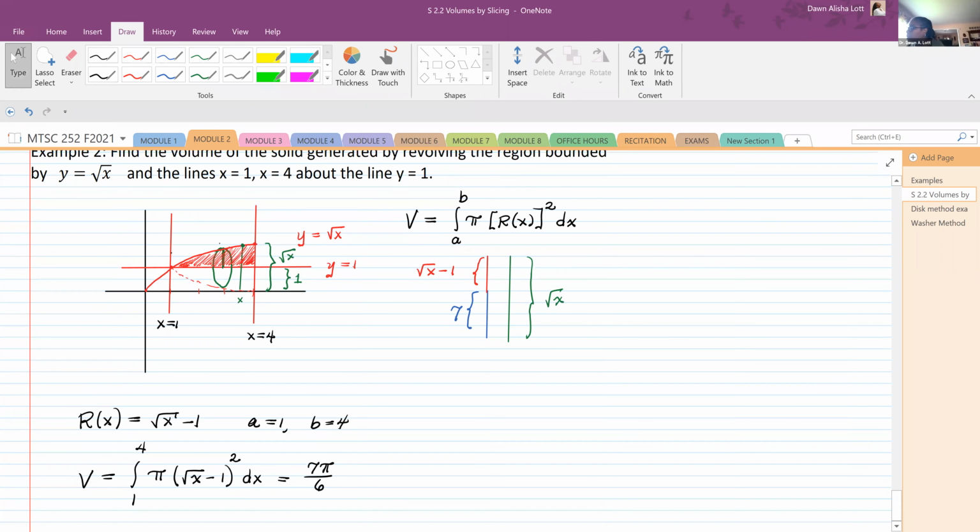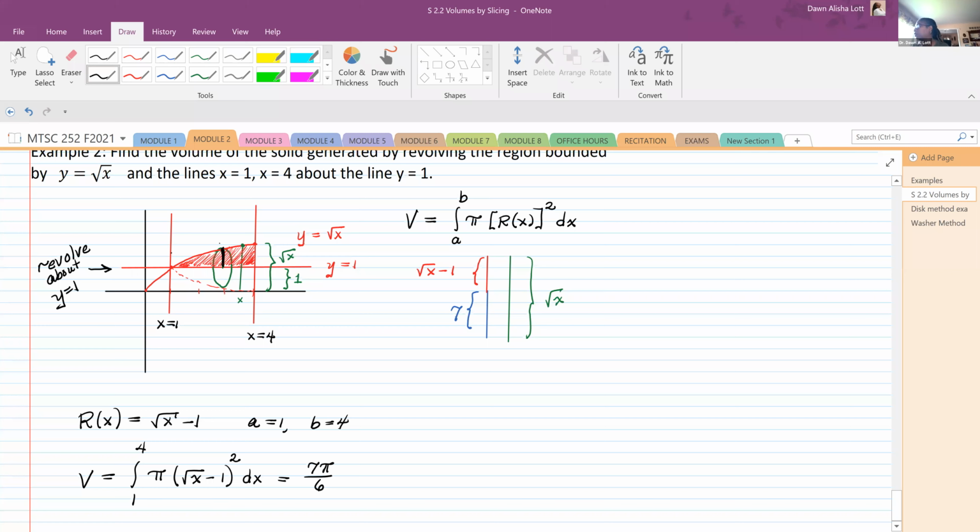So again, once I drew my region, I figured out that I was revolving it about this line. So when I revolve it about that line, I now have to figure out what this radius is.